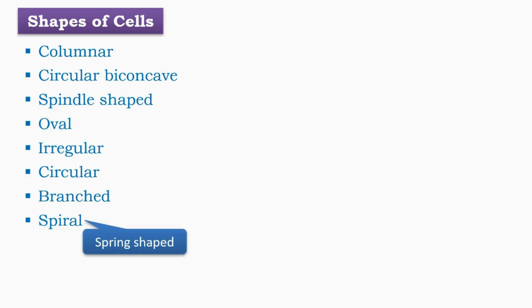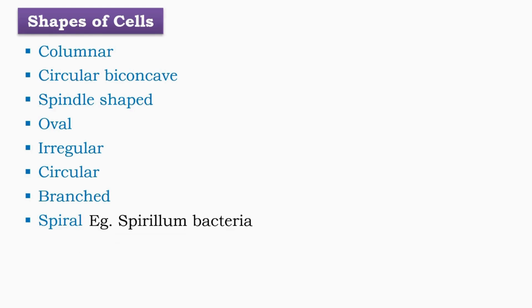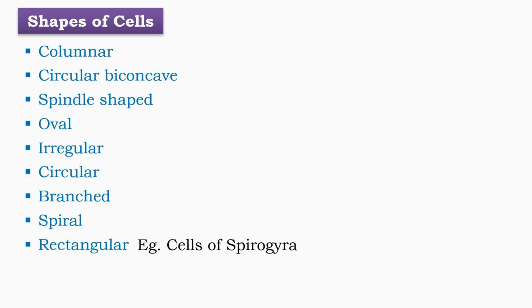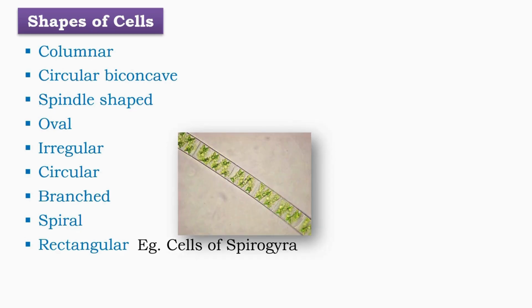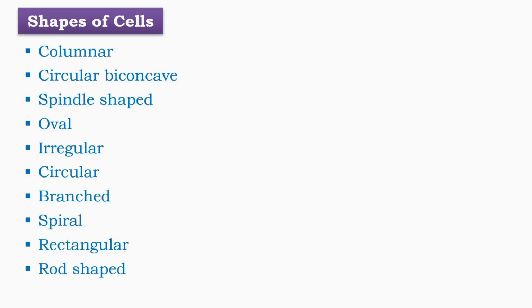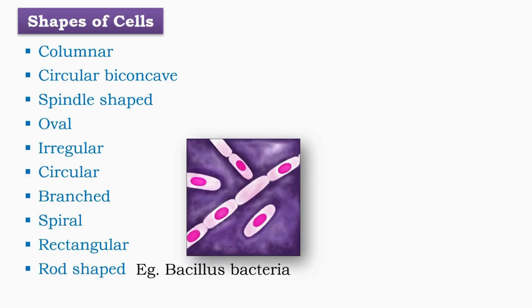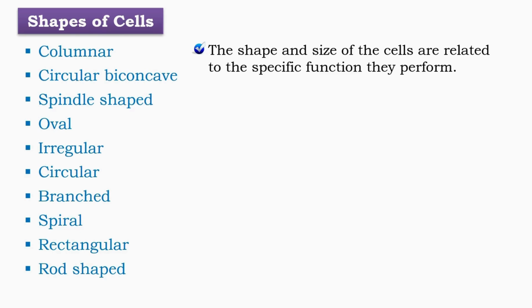Spring shaped. Example, spiral bacteria. Rectangular. Example, cells of Spirogyra. Rod shaped. Example, Bacillus bacteria. The shape and size of the cells are related to the specific function they perform.